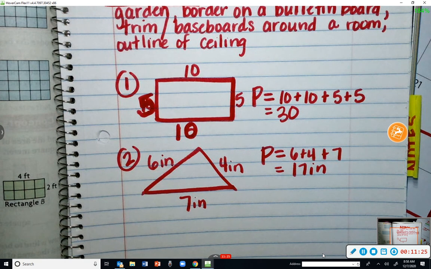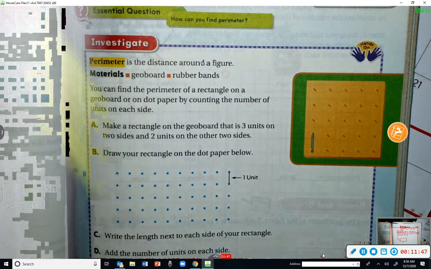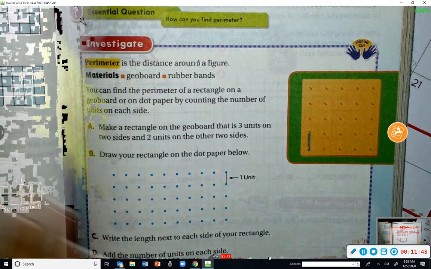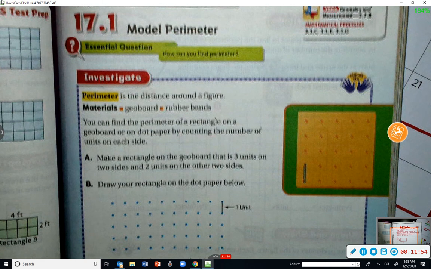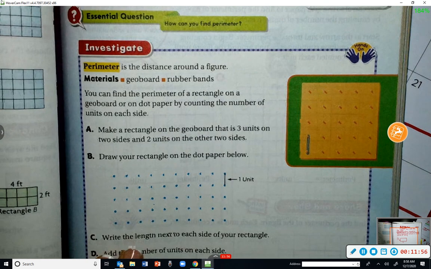Page what? 545. Okay, so we're going to practice finding perimeter in our books, page 545.